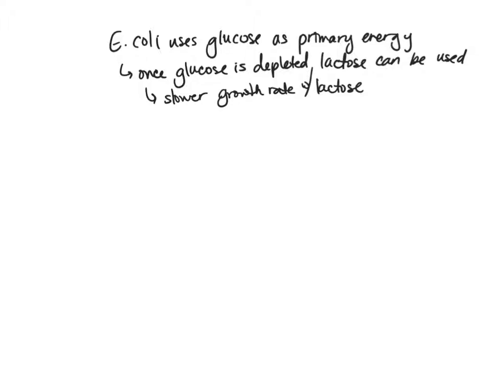So it's going to have glucose. Once that's gone, then it'll switch to lactose because at least it's still metabolizing and it's still growing even though the rate is lower. And it can do this utilizing an enzyme called enzyme 2A, or E2A.